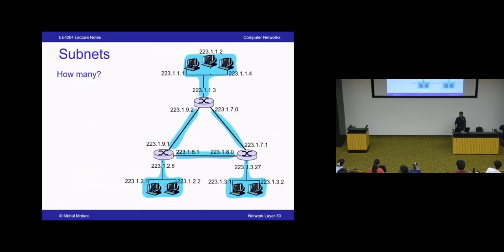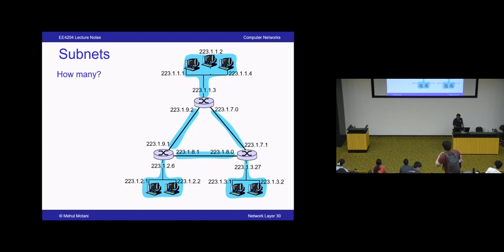The question was this one, right? Yeah, this has 6 subnets. The way to determine this is to look at every interface of every router. You can break every interface, and then see how many islands are left.